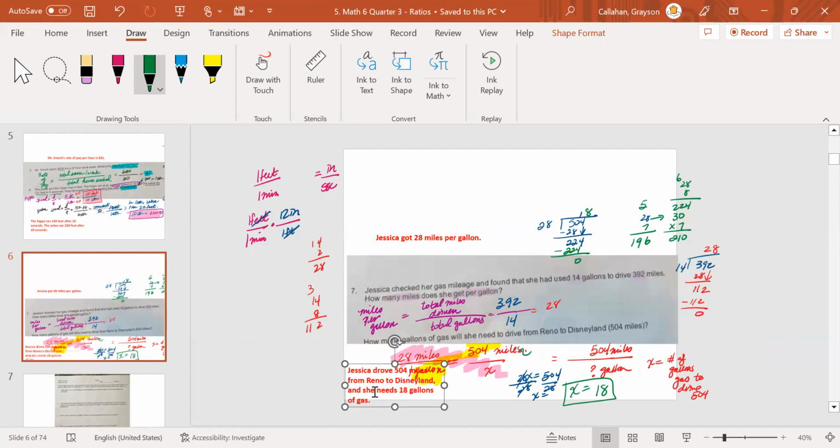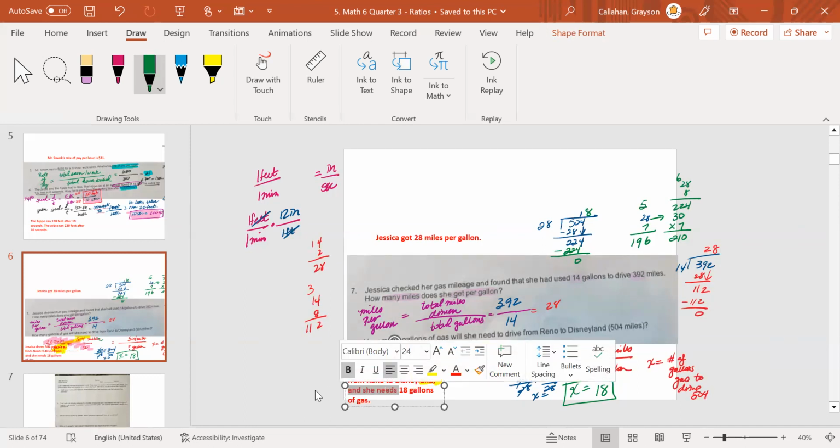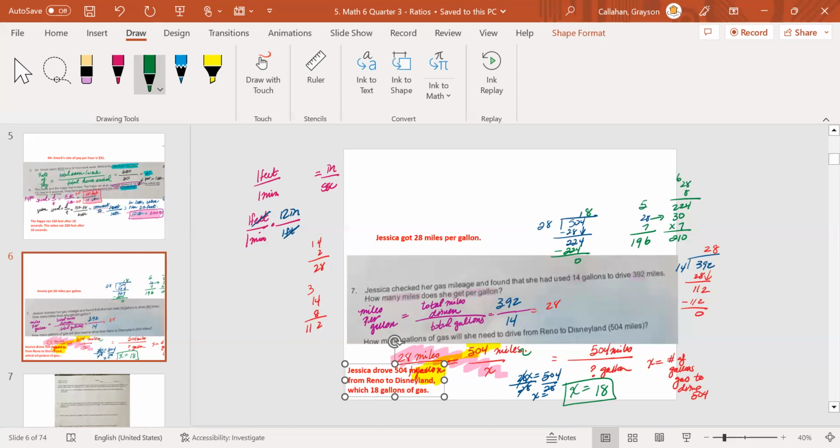You don't have to say and she needs, you could say which requires. As long as you have the right answer, it doesn't matter. But that's what it means, okay?